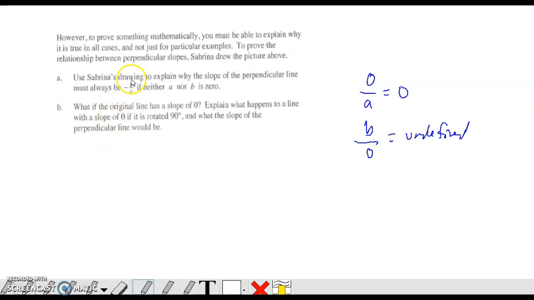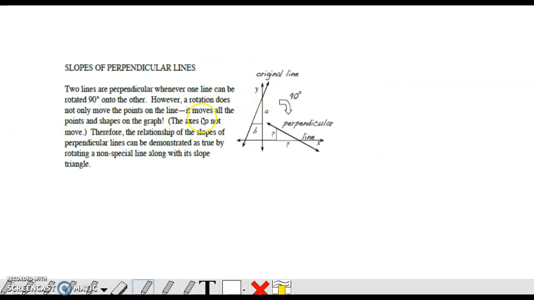So what we basically can say is why this is always -b over a is we've learned that your a and your b kind of switch. So that means that this is your vertical line. This would become your horizontal line. This is horizontal. This becomes your vertical. So again, this would be your B, but notice that we're going down. So this would be your -b over A. So again, it rotates.